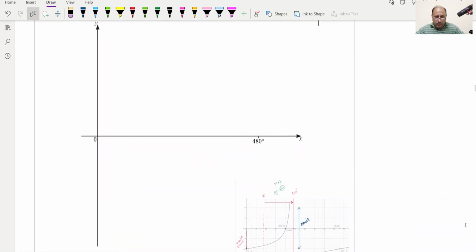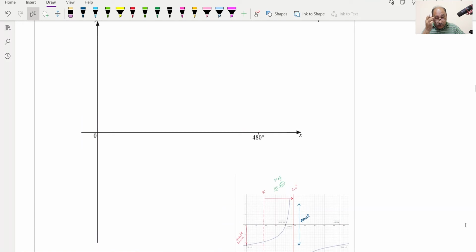So this axis is provided, which is from 0 to 480. So we know that 90-degree, like for example, if we draw the normal graph, what it will look like. So we know that it will be having asymptotes. So it will be like 90-degree will be over here. So we can have asymptote.